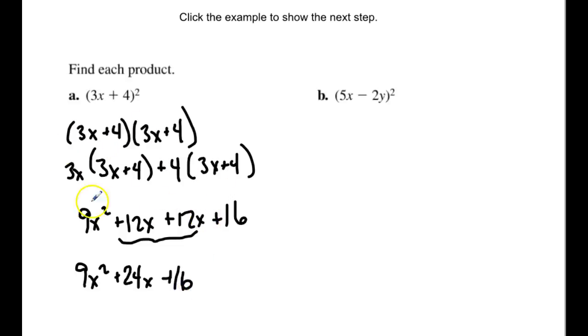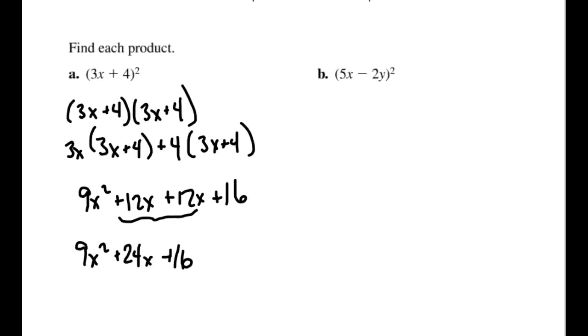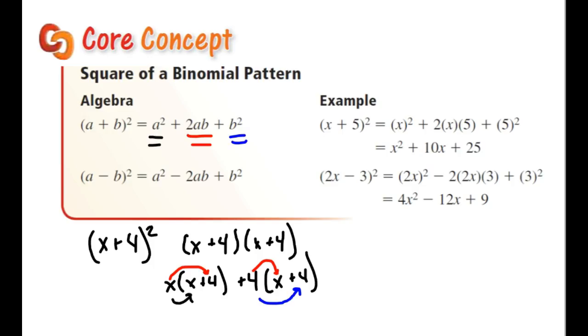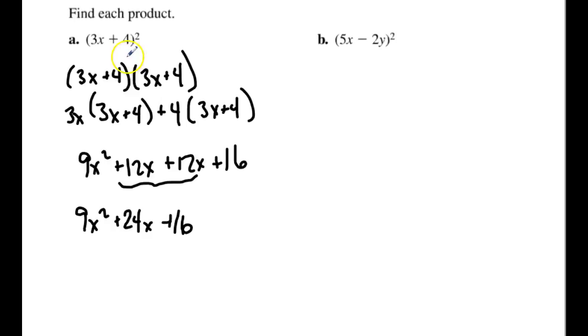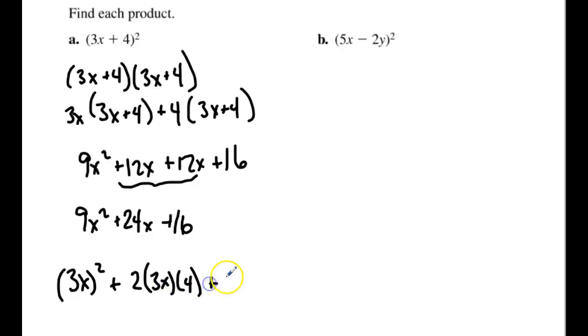Now instead of writing all of this out, I could have used the property I just learned, the square of a binomial. When I'm squaring something, I take my first term, 3x, squared, and I add 2 times my terms multiplied together, and then my last term squared.